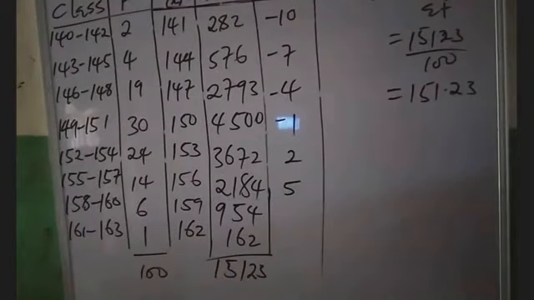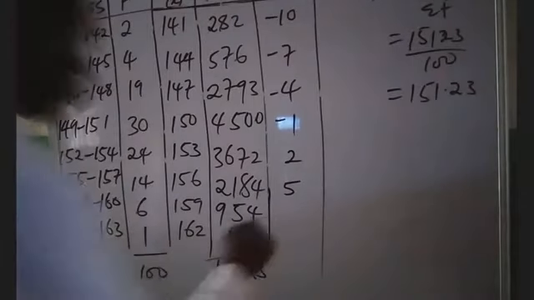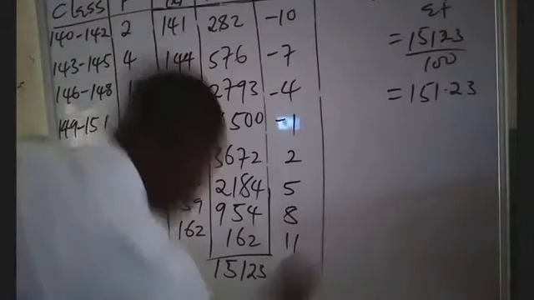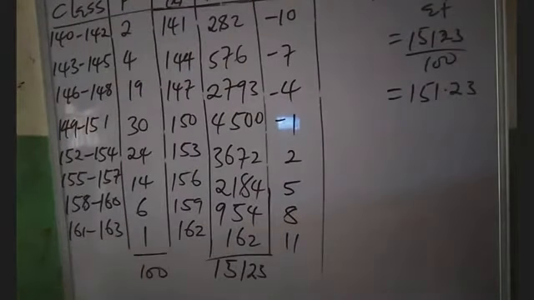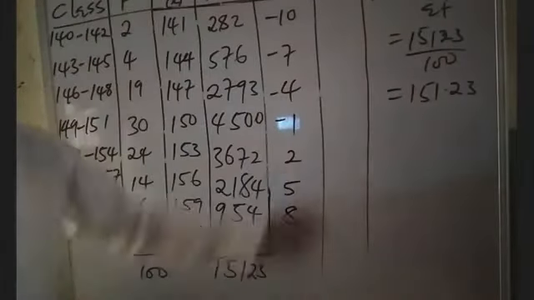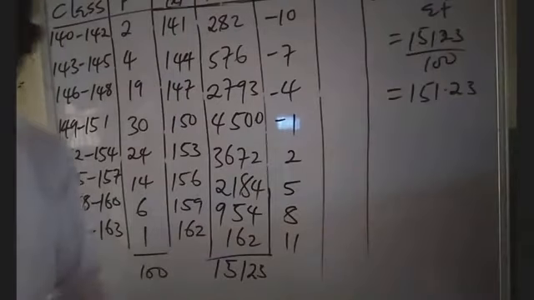Then from 159 you have 8. Then lastly you have 11 here. Remember, I want to neglect the negative sign because I'm looking for mean deviation.